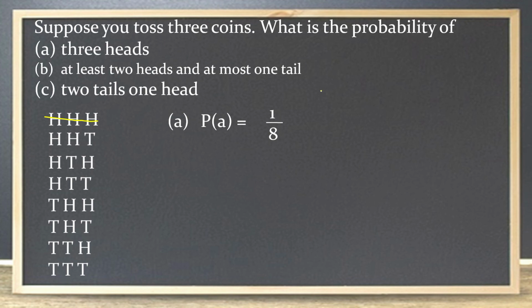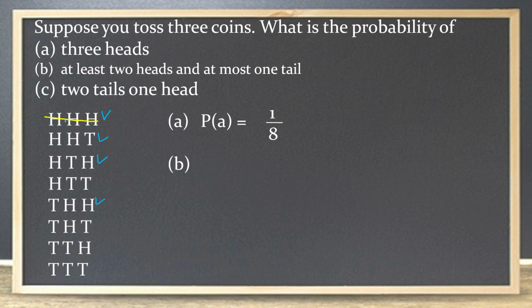And B says at least 2 heads and at most 1 tail. So let us see. We have 1 head, no. We have 2 heads here. We have 1 head. We have 2 heads. We have 2 heads. We have 3 heads. This is part of it as well, because it says at least 2 heads and at most 1 tail.